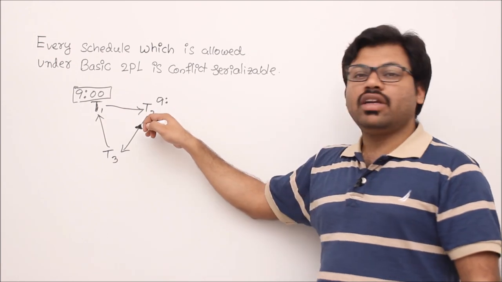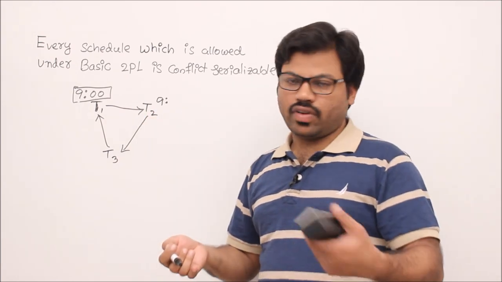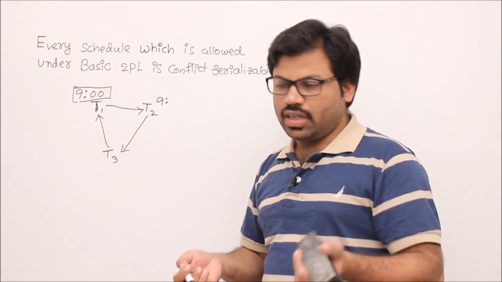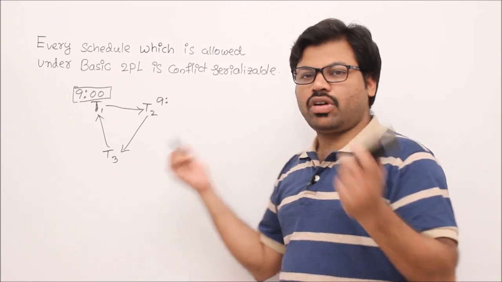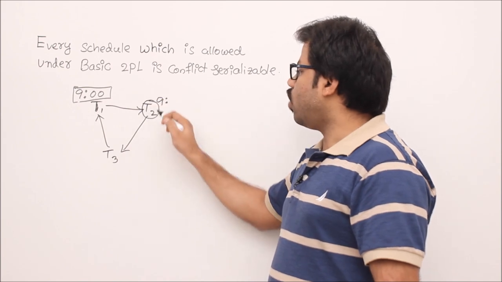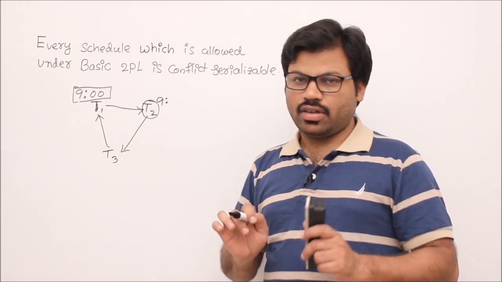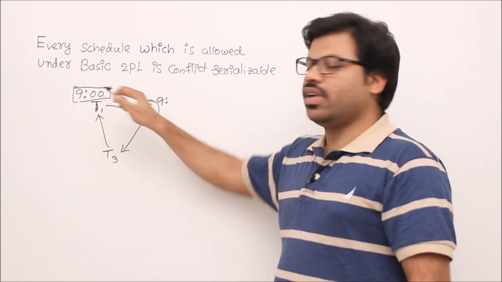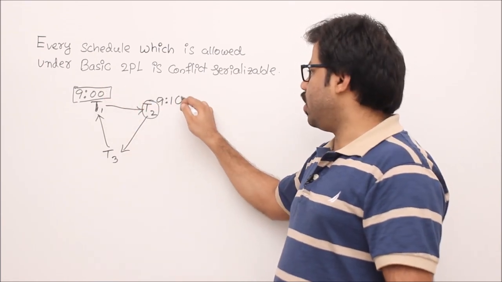Then T2 is definitely going to use it after 9 o'clock and release it. We forget about when it releases, but we just ask T2, what is your first unlocking point? Definitely it is after 9 o'clock, let's say 9:10.